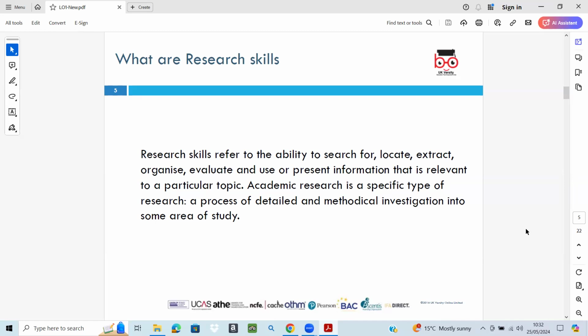Then we have to evaluate the information. So these are the skills to critically assess the credibility, relevance, and quality of the information gathered.